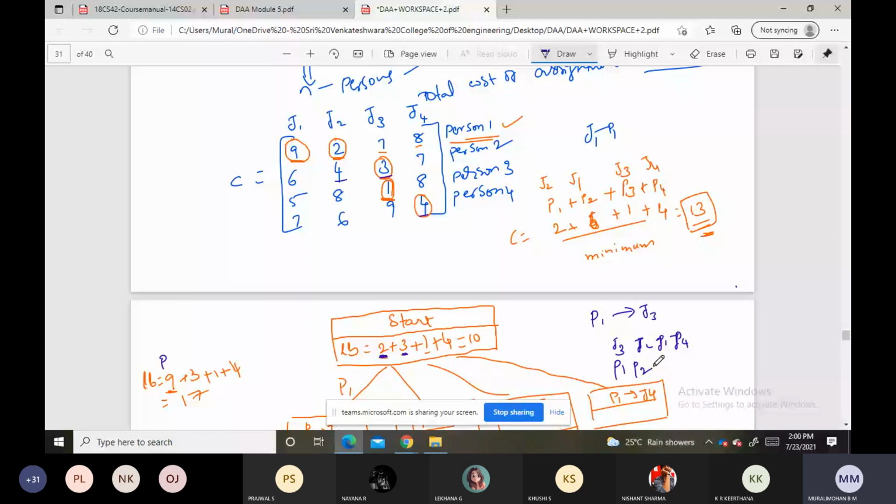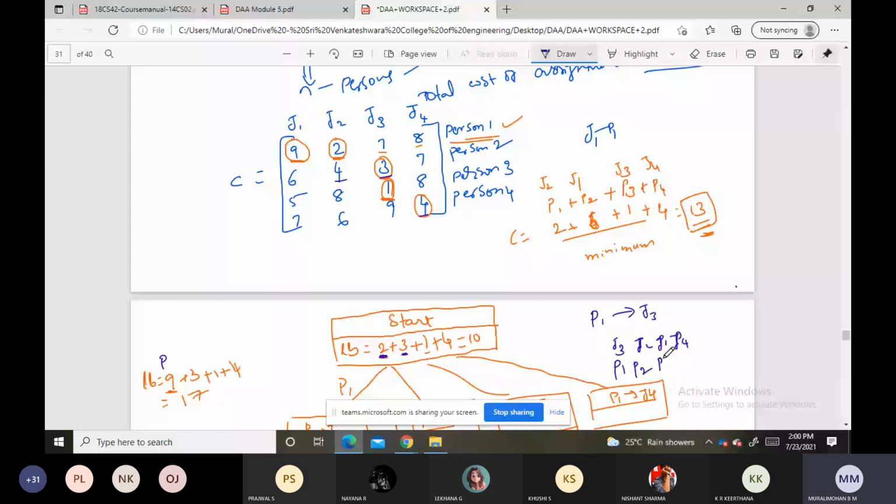Next, person 3: we cannot assign job 3 as well as job 2, because the minimum is 1 but it is already assigned for person 1. So next is 5, that is job 1. We can assign job 1 for person 3.